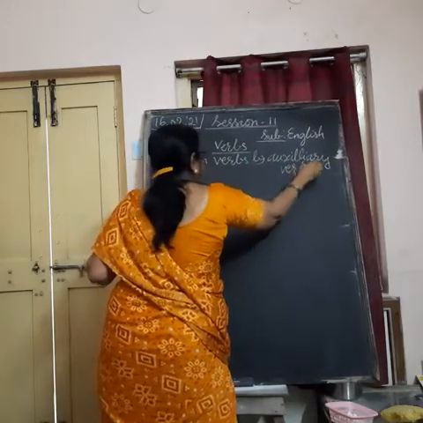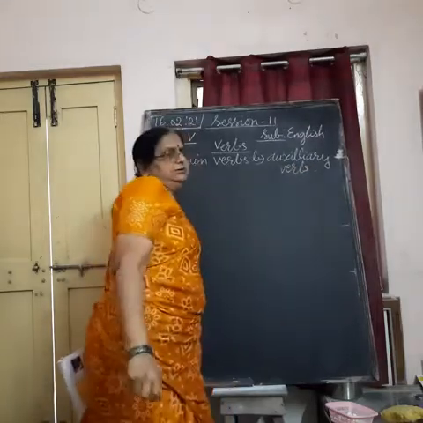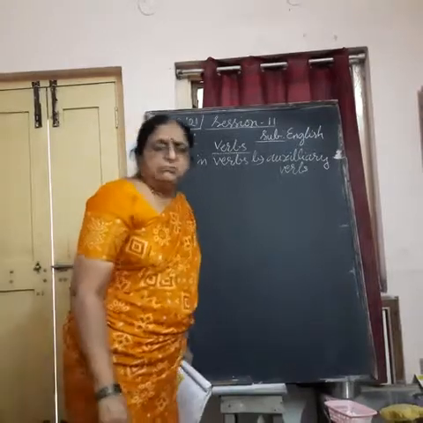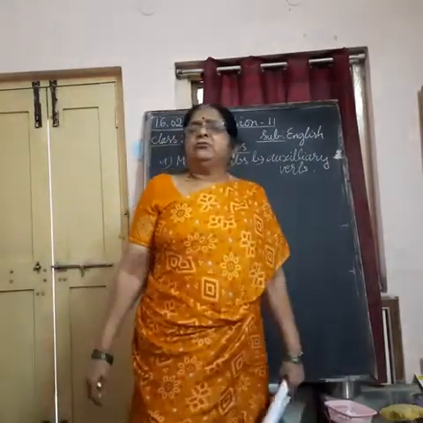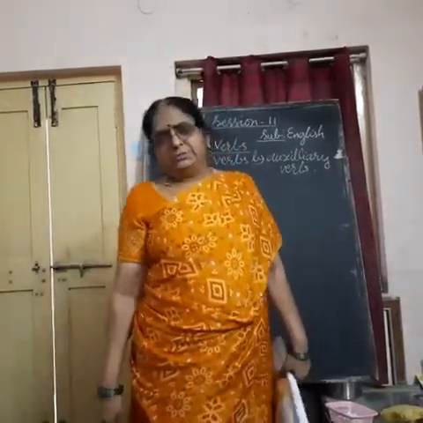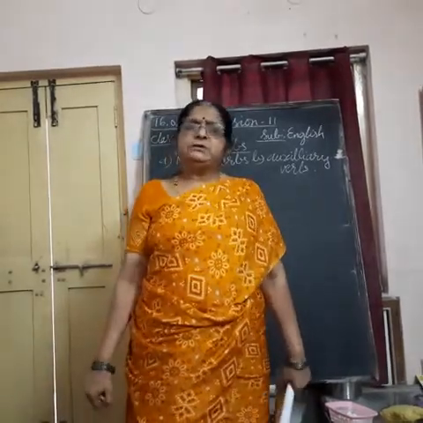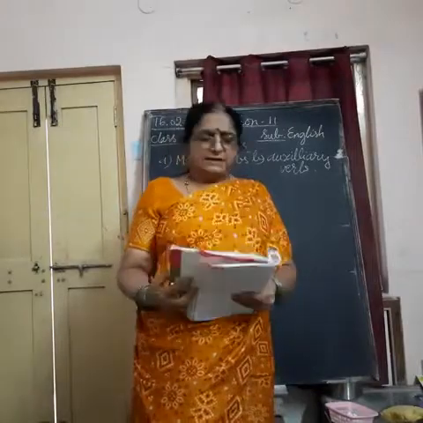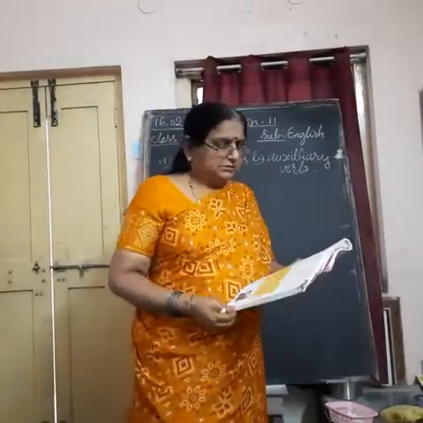These are the two types we are going to learn. The first question that comes here is, what is main verb and what is auxiliary verb? Unless you know these two things, you cannot understand how we can use them in the sentence. Okay.